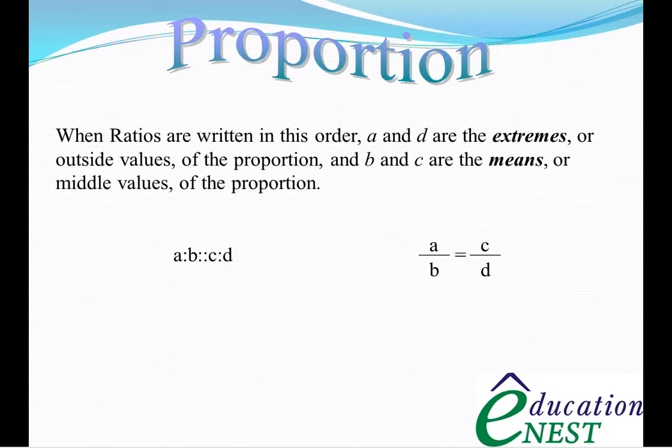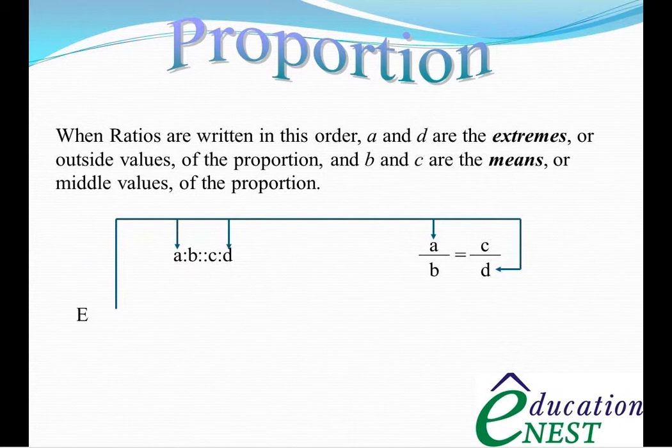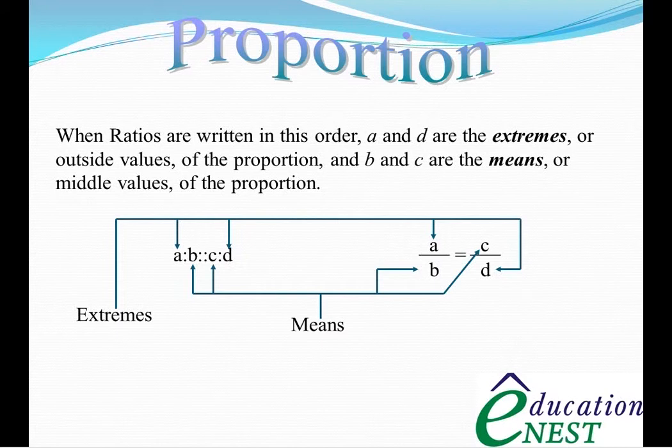Now let's understand what are extremes and means. When ratios are written in this order, then A and D are called extremes, which are the outside values, and B and C are the means, which are the middle values of the proportion.